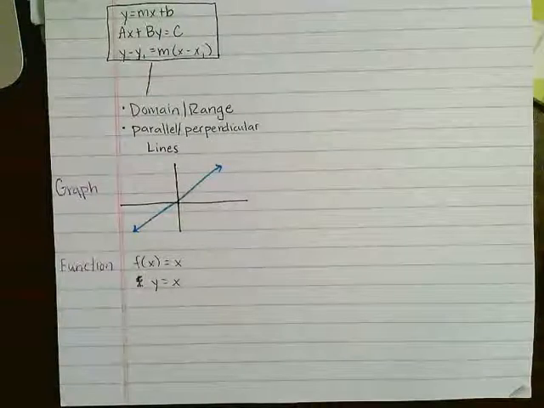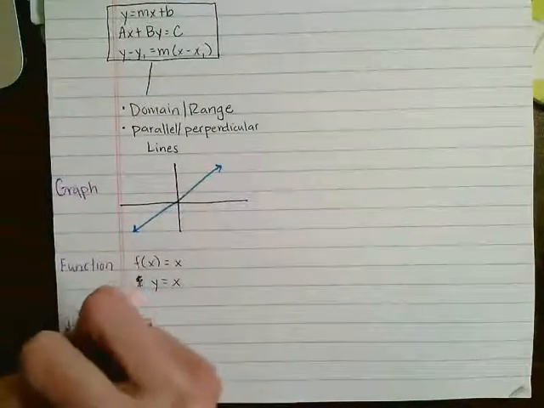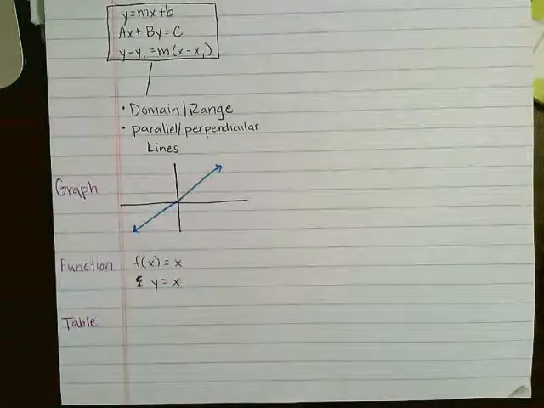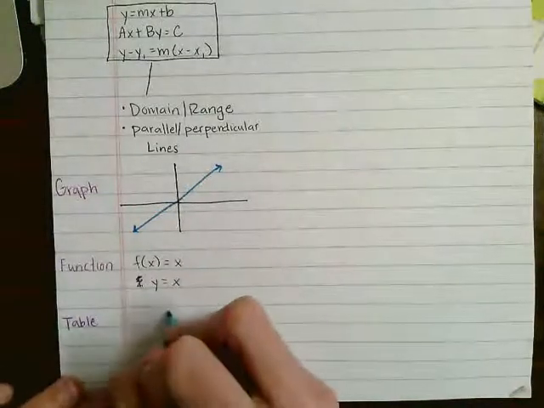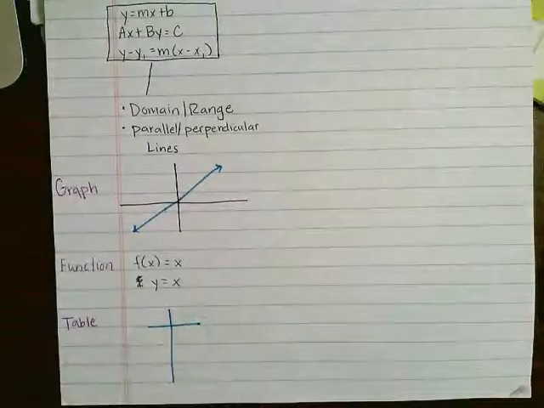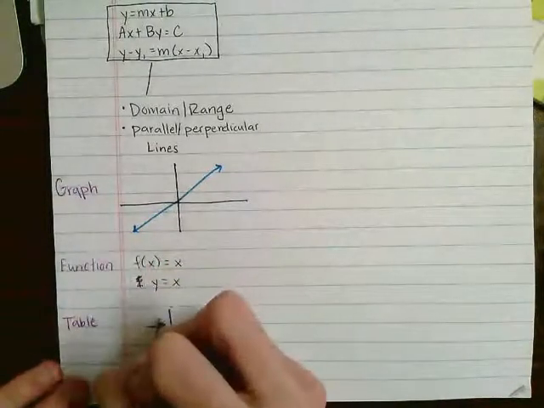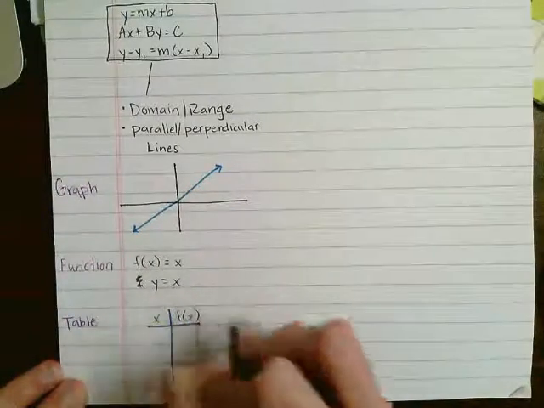Now, the next thing I want us to talk about is a table. It's an input-output table. So basically, it is a working function, has an input-output of x. I'm going to leave it as f of x.